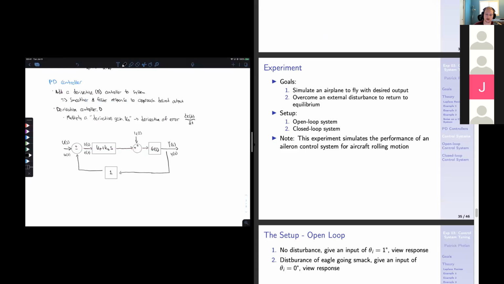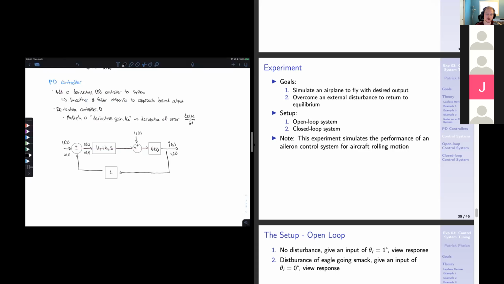Okay. So now we're going to think about what we just talked about and apply some context to our experiment. This will be a little bit of a refresher from last time if I talked about it. So in our experiment, we're going to simulate an airplane to fly with a desired output. So we want our output to match our input.